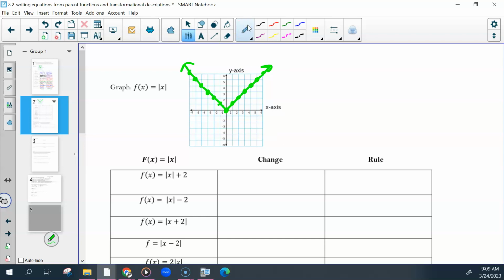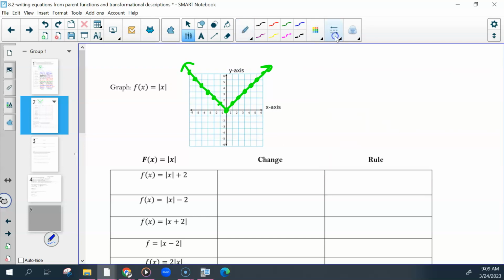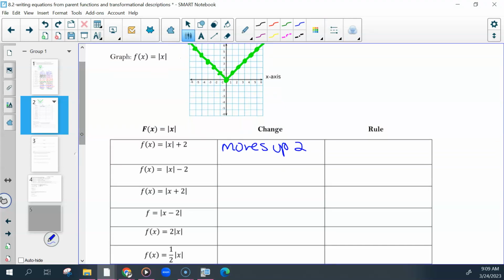What do we think is going to happen for this first one? Goes up by 2. So that rule would be what?